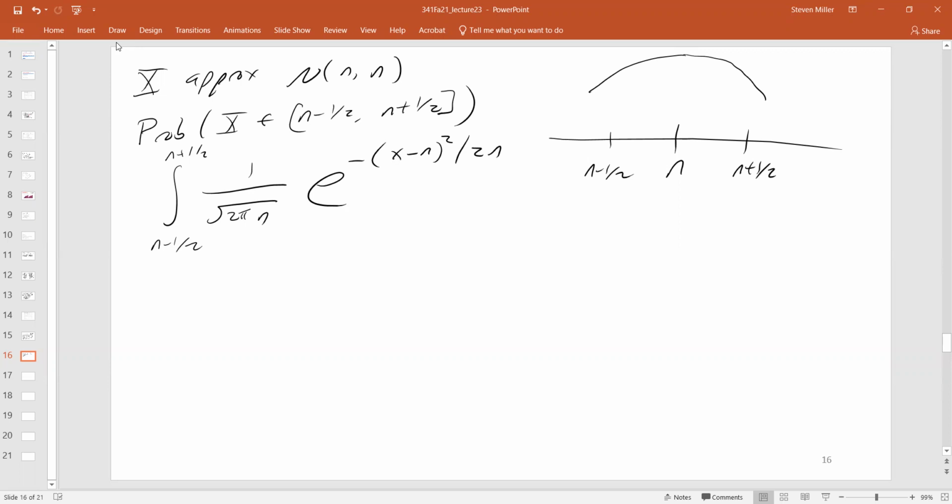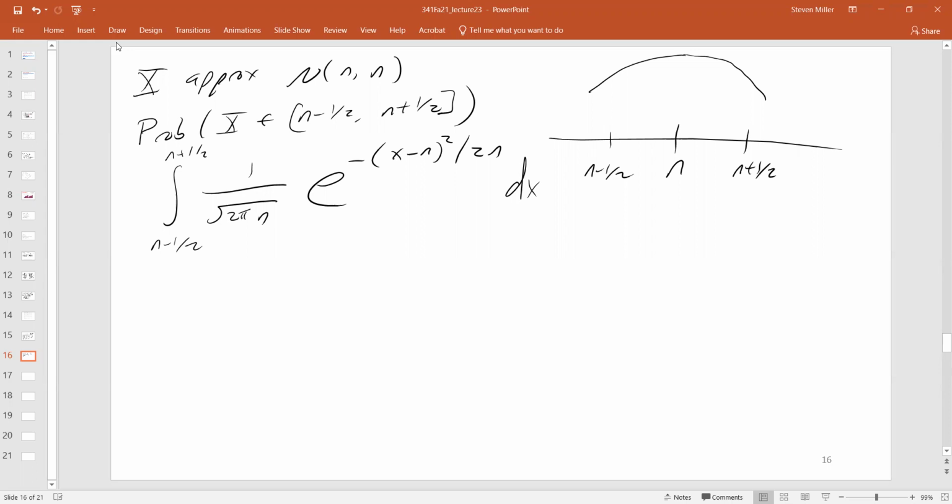Right? Well, when x equals n, what is the exponential? It's just e to the 0. It's just 1. As you move all the way to either n plus or minus 1/2, you get e to the negative 1/2 squared over 2n. So you get e to the negative 1 over 4n. So e to the negative 1 over 8n.